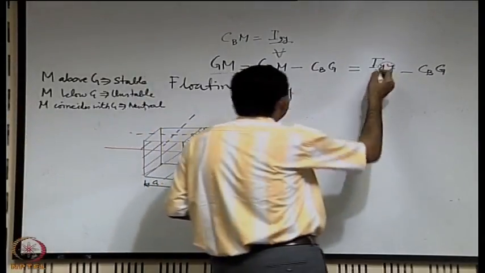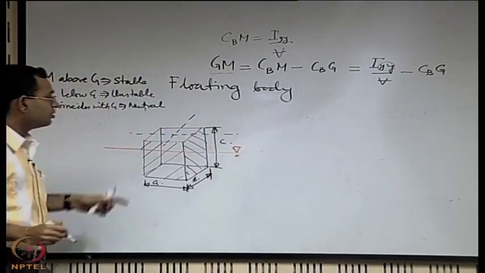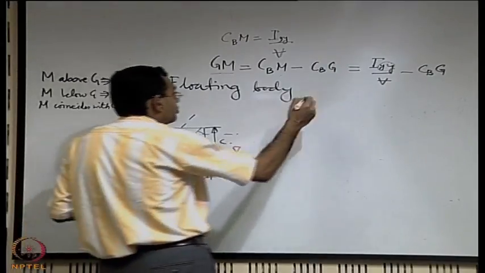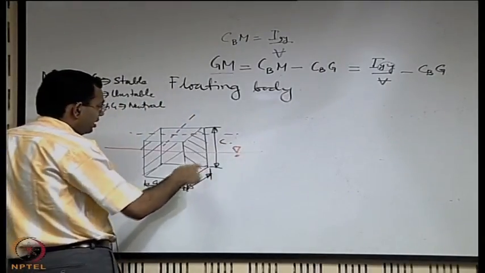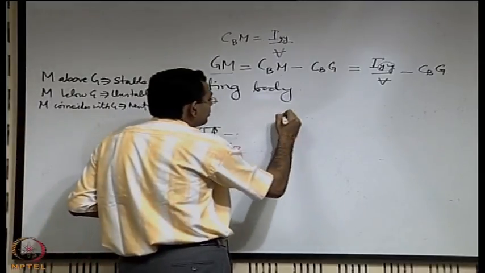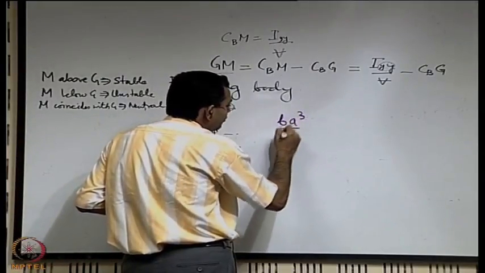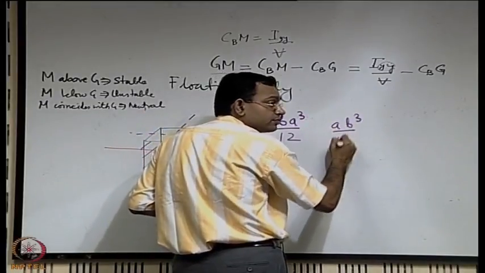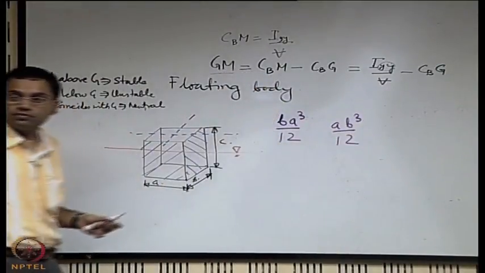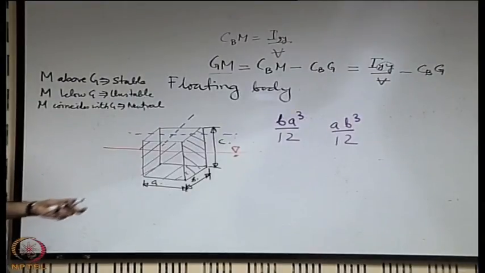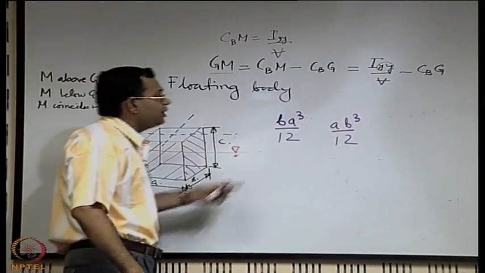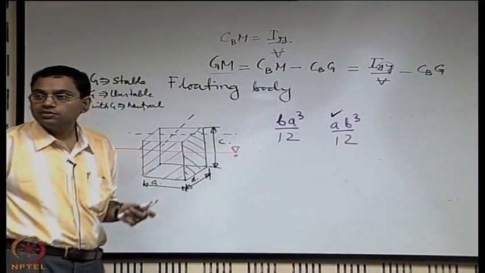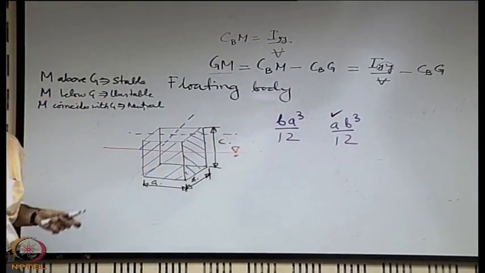So out of these two axes, for one axis what will be the I? It will be b a cube by 12, another will be a b cube by 12. So you take the smaller one, that means if b is smaller than a, as an example you take this one.